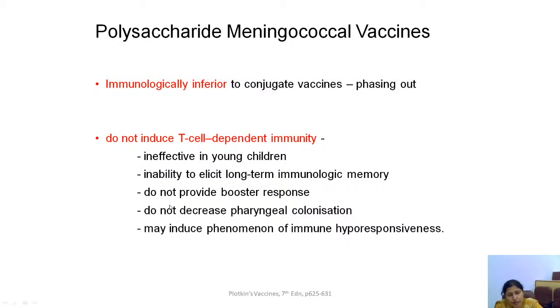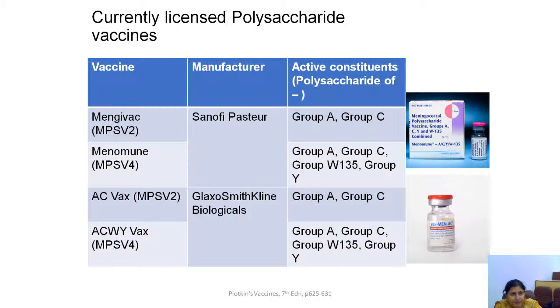We need to give them booster doses, and they do not decrease the pharyngeal colonization. Neisseria meningitidis, as you all know, colonizes the pharynx of carriers. That's why they help in transmission of the disease. So here they do not decrease the pharyngeal colonization and induce the phenomenon of immune hyporesponsiveness.